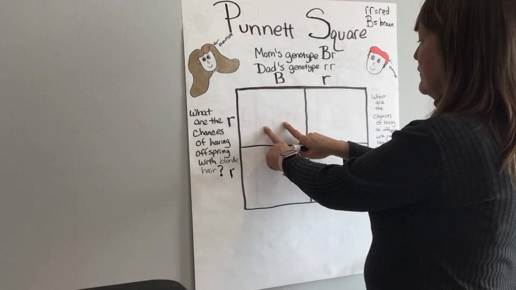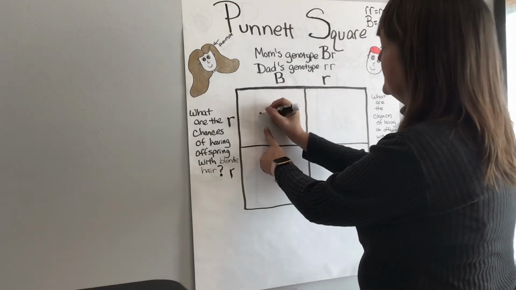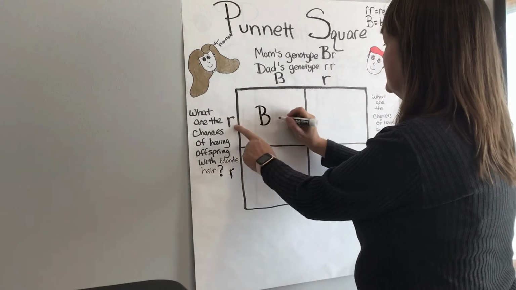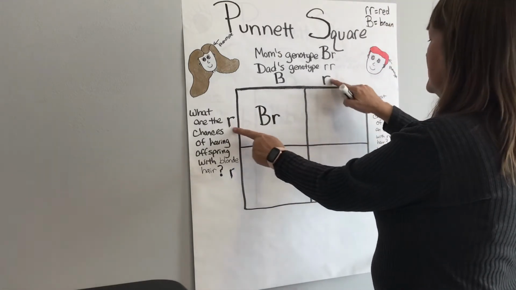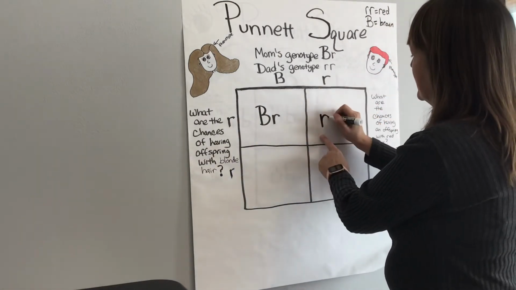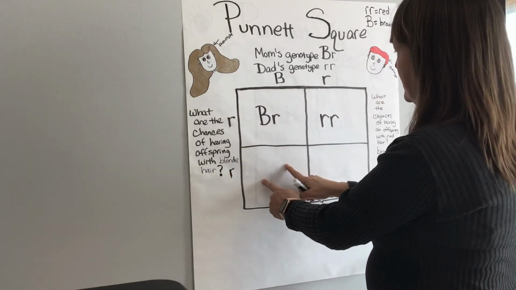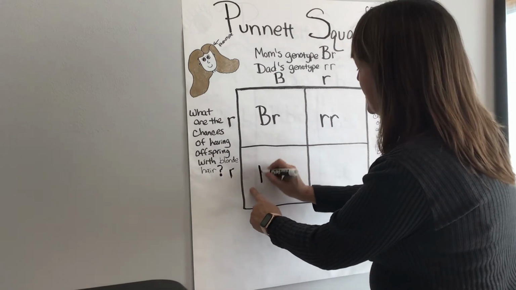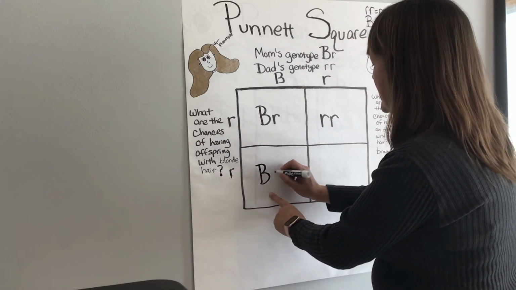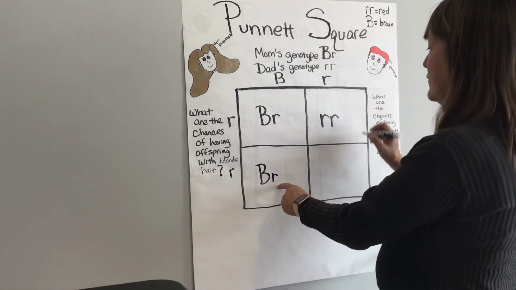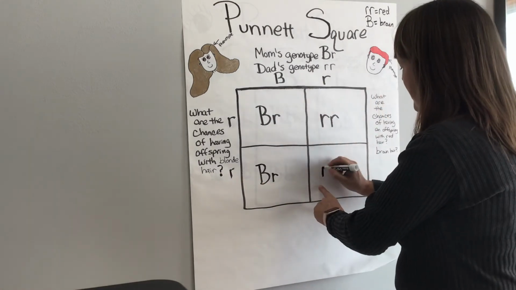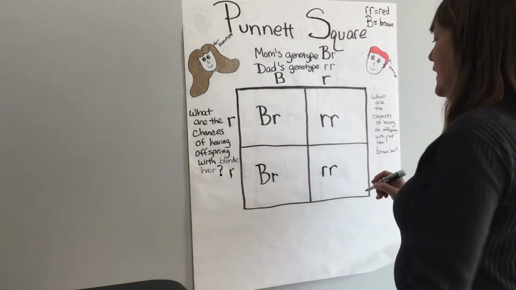Don't put the little r first, put the dominant. So dominant, recessive, and then put these two together. Little r, okay? Little r and capital B, so it would be dominant B for brown hair, recessive r for red hair.